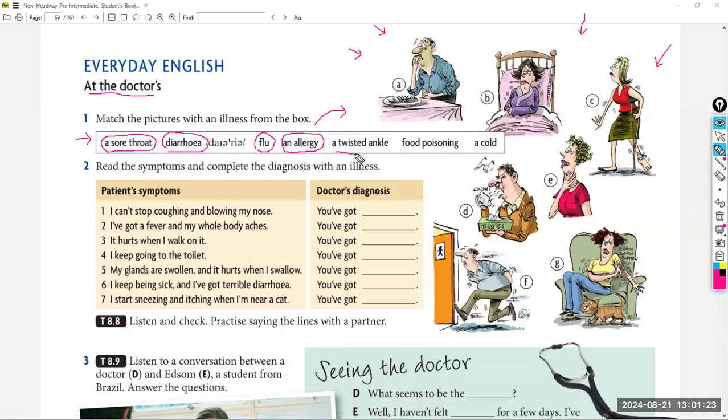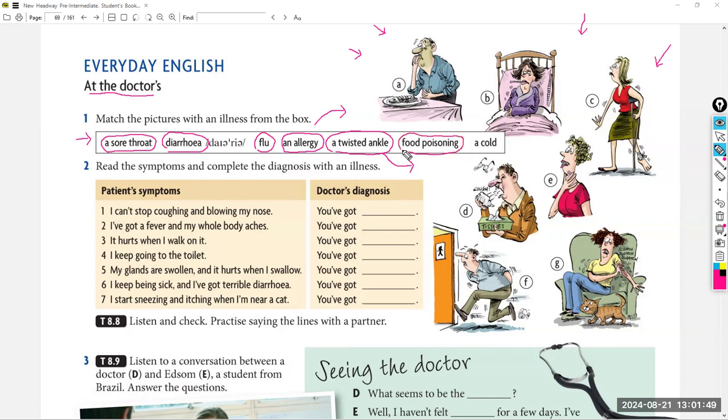Okay, the next disease is a twisted ankle. So a twisted ankle. Please match a twisted ankle with the correct picture that we have. Okay, the next illness is food poisoning.